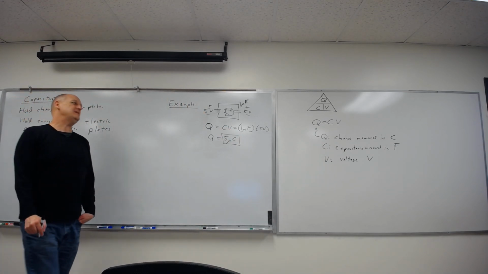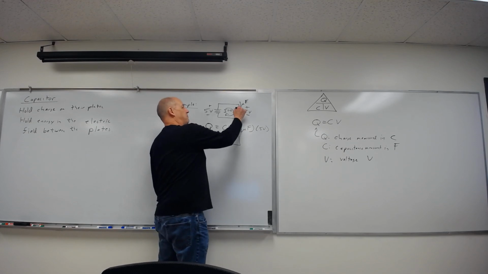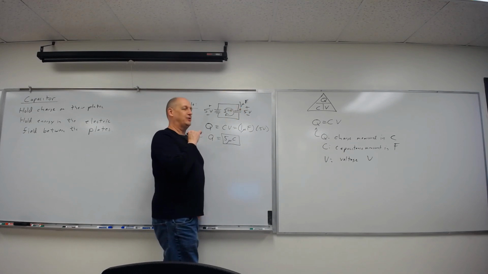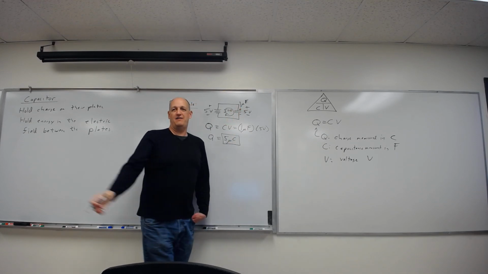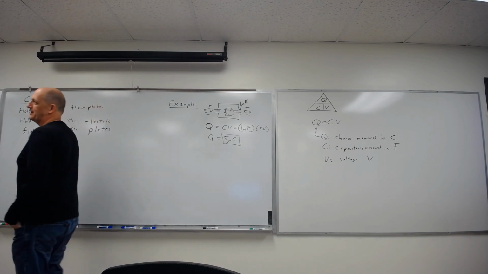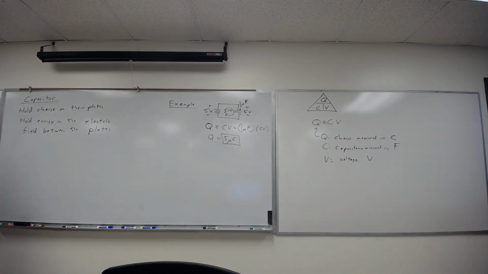What that actually means is you have plus 5 microcoulombs on one side and minus 5 microcoulombs on the other. The capacitor's net charge is 0, but because there's a gap in there, they don't get to equalize ever. So it's polarized. It produces an electric field between the two, and inside that electric field is a bunch of energy.